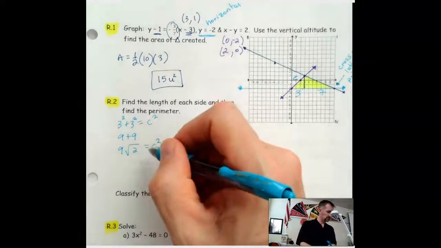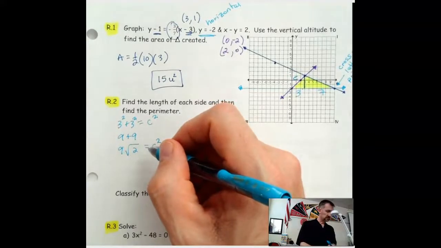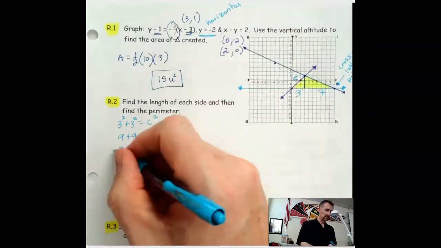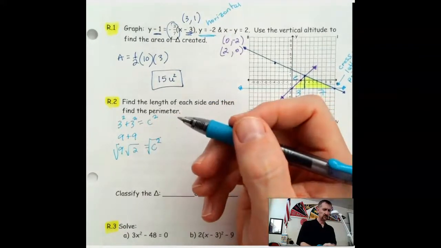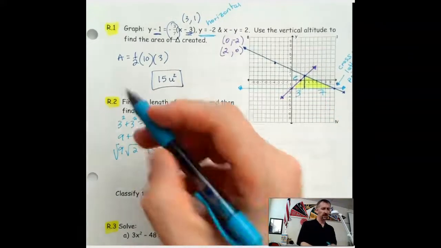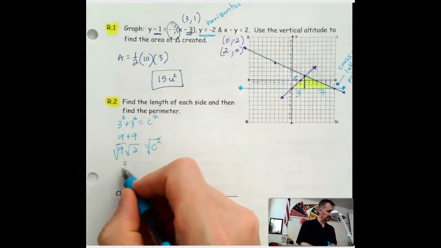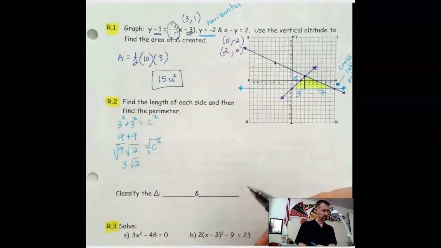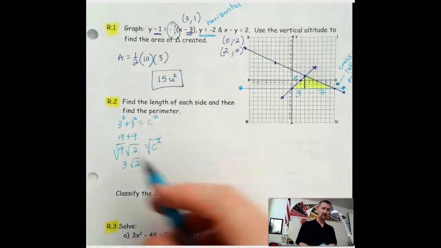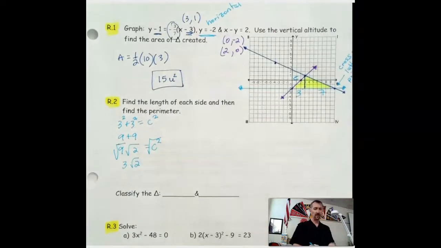And then we square root both. Did I already do that? No, this would be root 9 times 2, so that would be 3√2. Should have used a different color for that. That was purple.